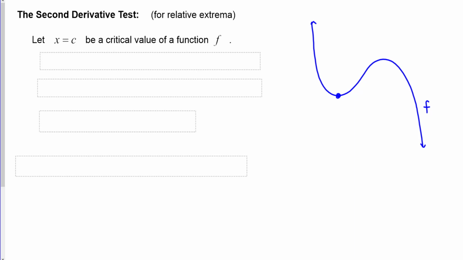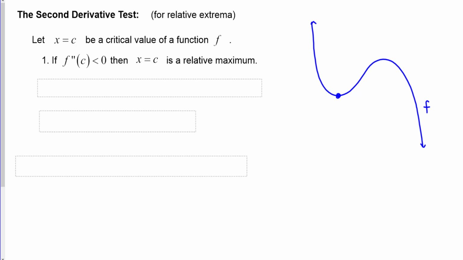Now, if the second derivative evaluated at that point is less than 0, that would be an interval that's concave down. That's more like this point over here. So let's pick this point. If the interval is concave down, as it is here, it looks like a downward facing parabola.